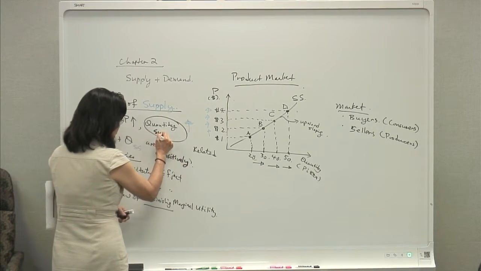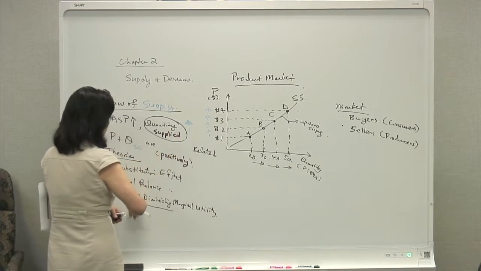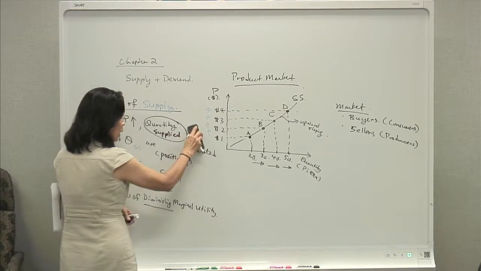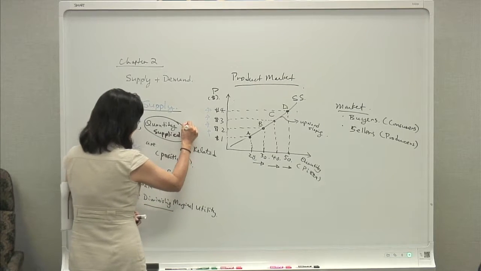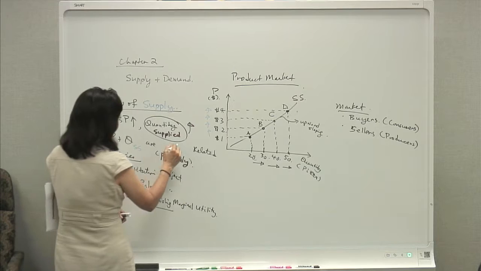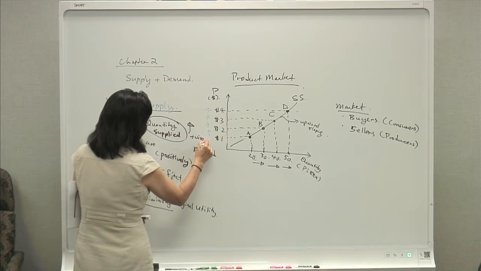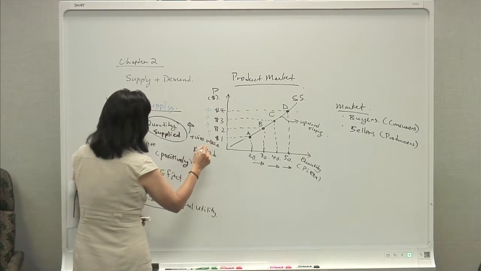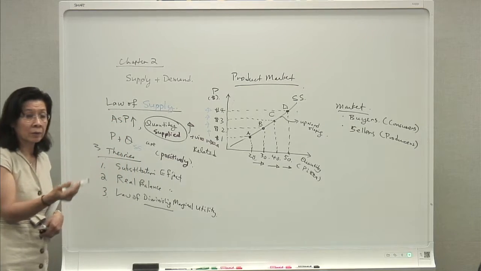So in other words, the quantity and the price move in the same direction because you see that when one is up, the other one is up, and when one is down, the other one is down. And I should say, and vice versa. Vice versa means if price comes down, quantity supplied comes down.